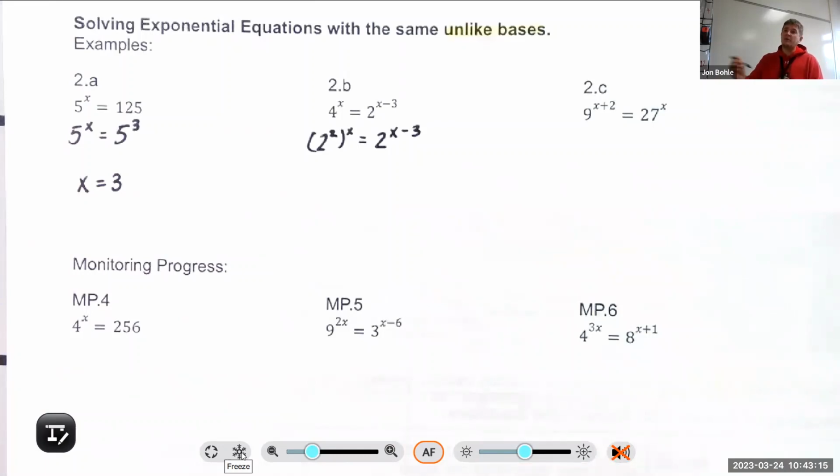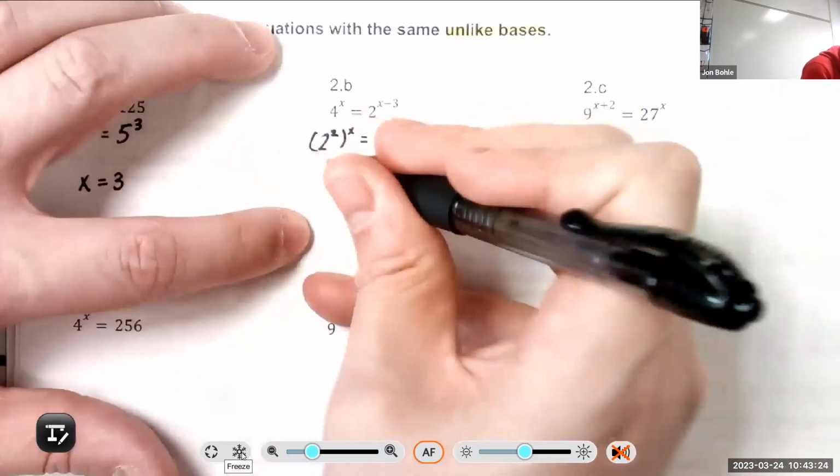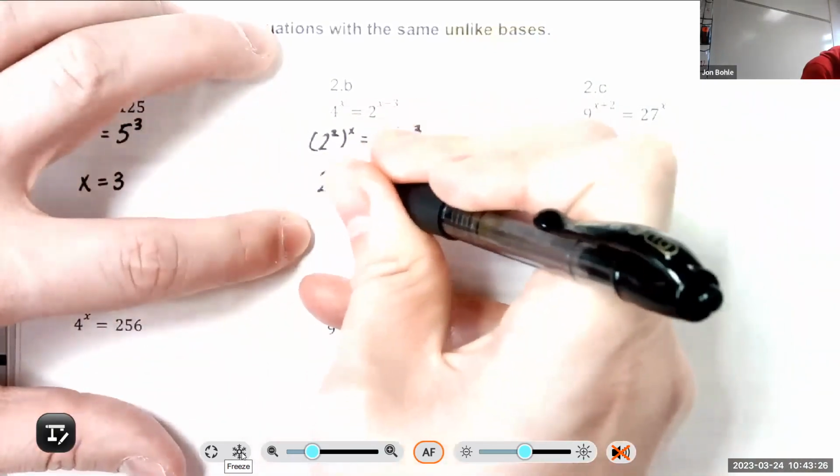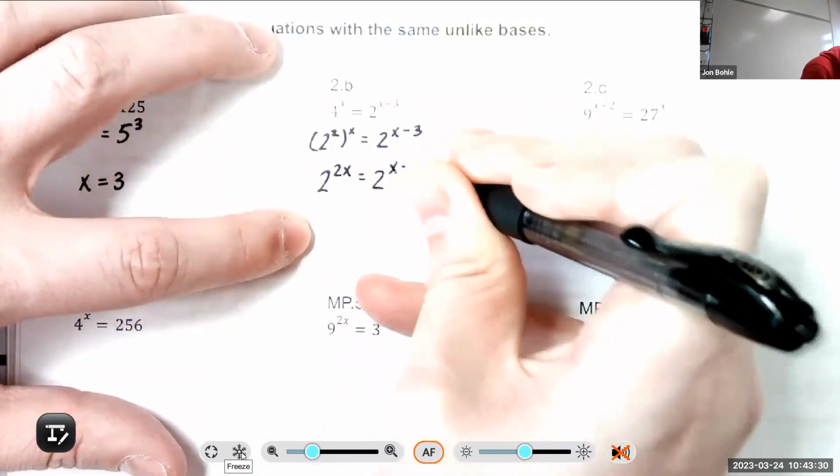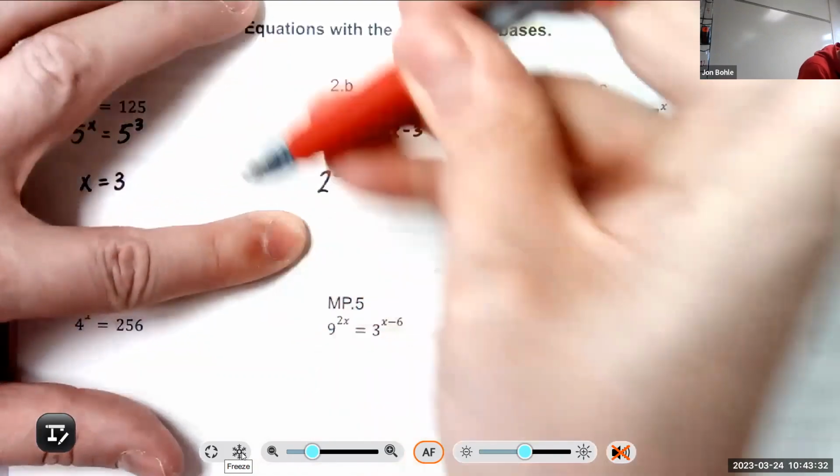What do I do when I have a power raised to a power? What do I do with the exponents? Multiply. So actually, 2 times x is 2x. So this is 2 to the 2x power is equal to 2 to the x minus 3.